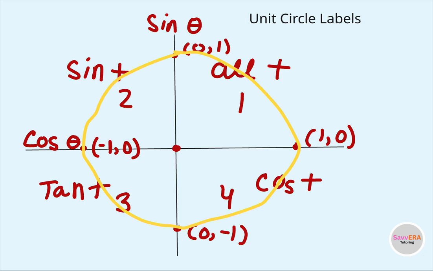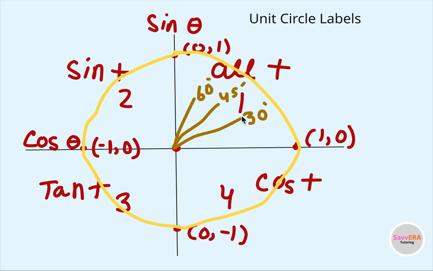And then also you have what is known as the reference angles. The reference angles are most times 30 degrees, then you have 45 degrees, and then you have one that is 60 degrees.